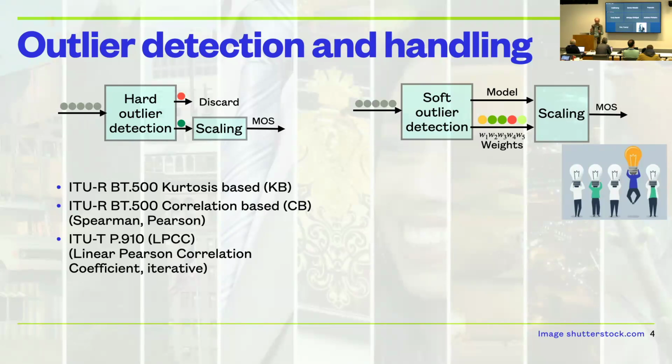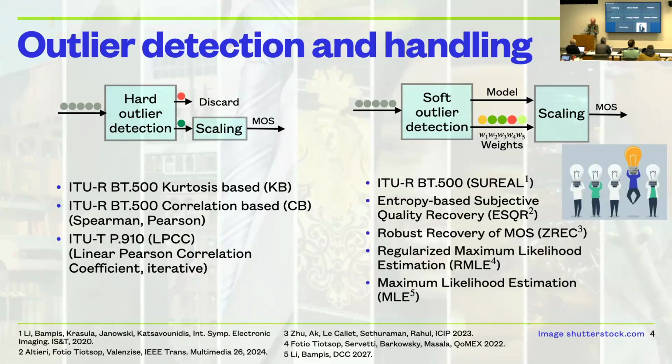None of them will be discarded as an outlier, but the weight could be very small, like 0.1, so it would not go into the scaling with a large effect. The idea is that even outliers might carry some useful information that should be maintained.